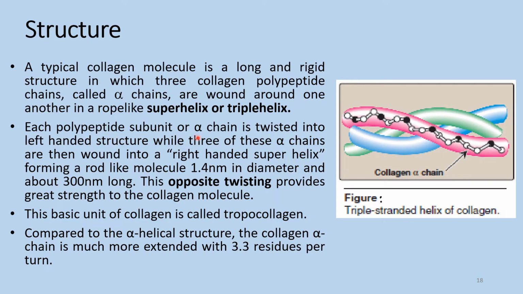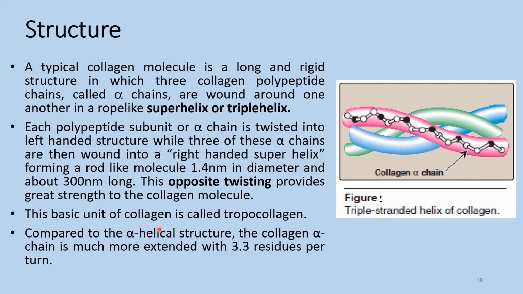Each alpha chain is twisted left-handedly, and the 3 alpha chains are wound right-handedly. This opposite twisting provides great strength to the collagen molecule.